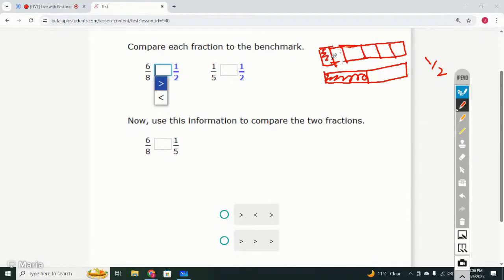Right now, 6 of them are colored. 1, 2, 3, 4, 5, 8 I have to make. Let me draw this again.